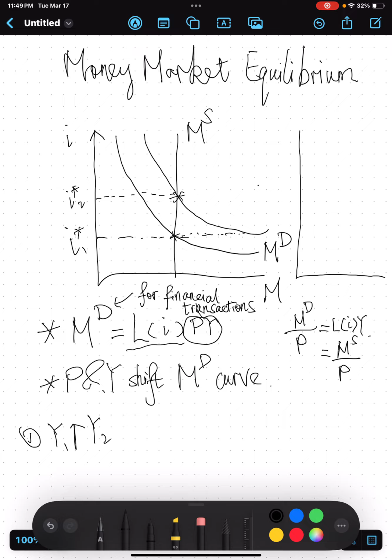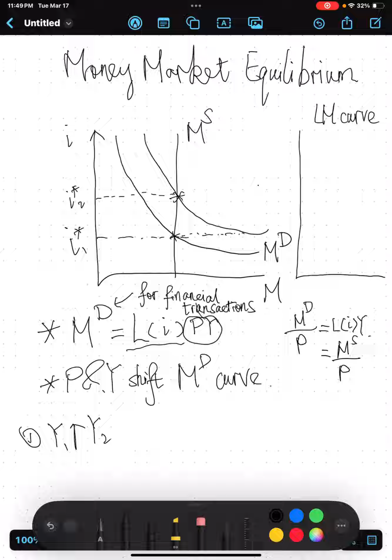LM just means liquidity preference money market curve. Now the horizontal axis is the real income and the vertical axis is the interest rate.